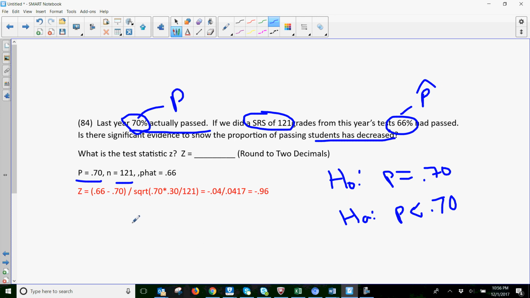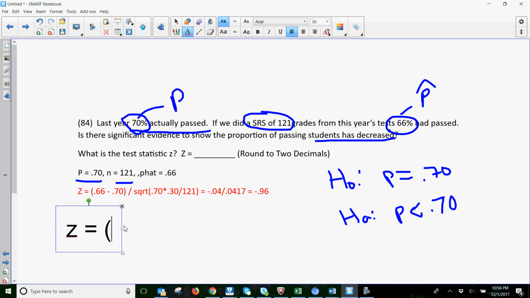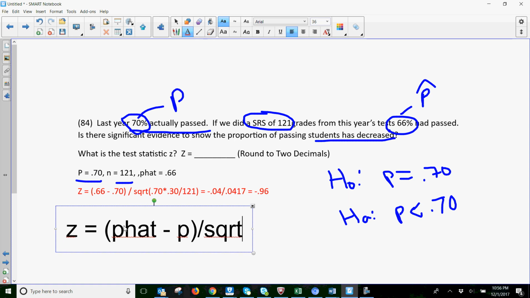All right, so in this formula, I'll write it out here. We have Z equals p hat minus p, divided by the standard error, which is the square root of p times 1 minus p over n.